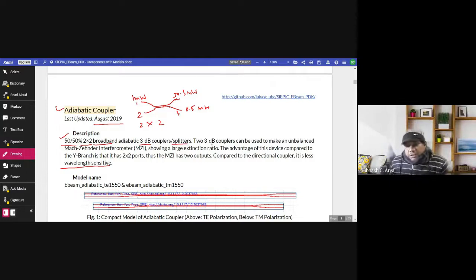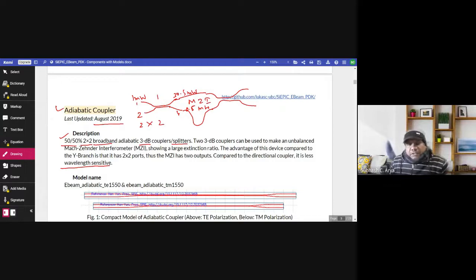So two 3 dB couplers, these two devices. Suppose this is one, and another we can take like this. Then two 3 dB couplers can be used to make an unbalanced MZI interferometer. If we connect one here and another one like this, this will be an unbalanced MZI.